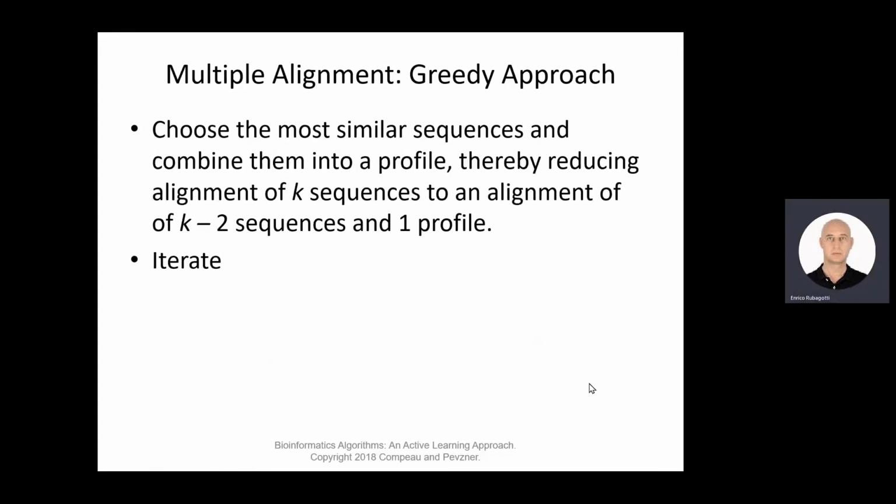The point is that a greedy approach is to choose the most similar sequences and combine them into a profile, thereby reducing alignment of K sequences to an alignment of K minus 2 sequences and 1 profile. And we are going to iterate.